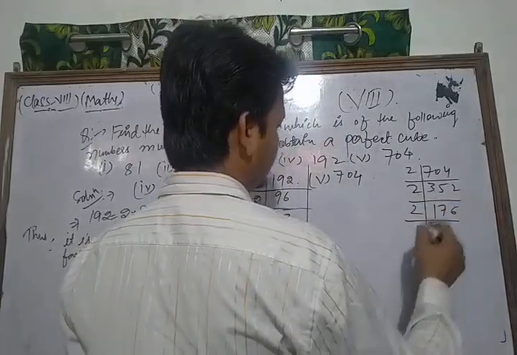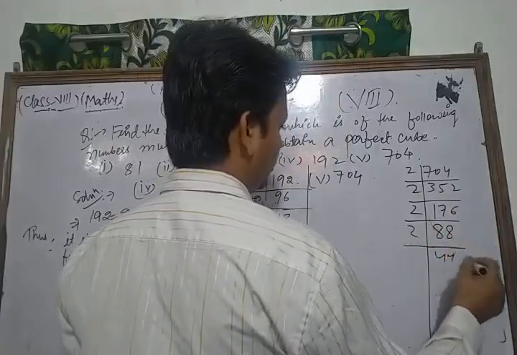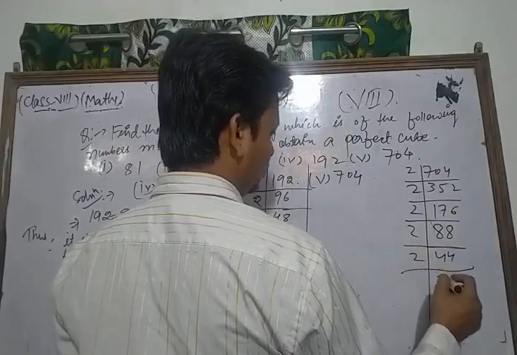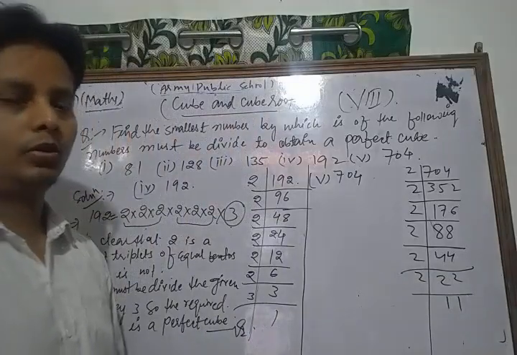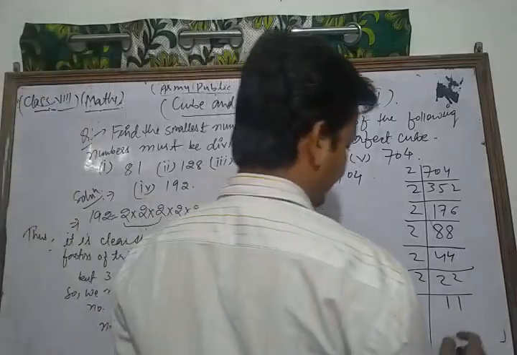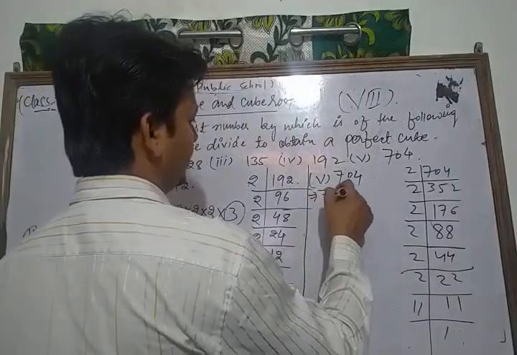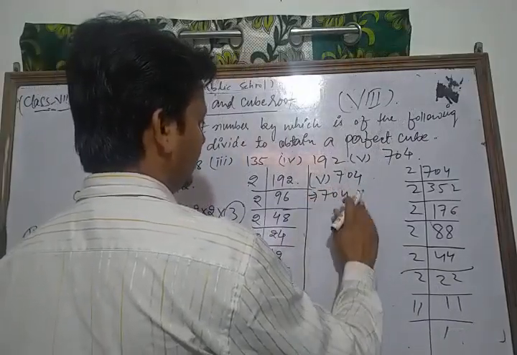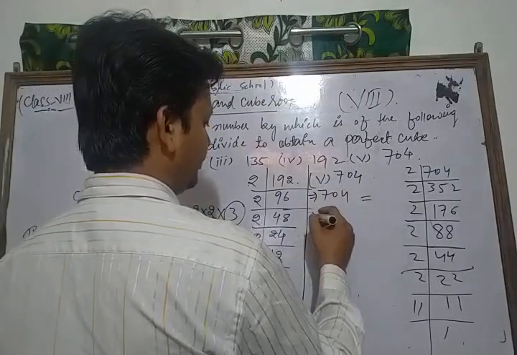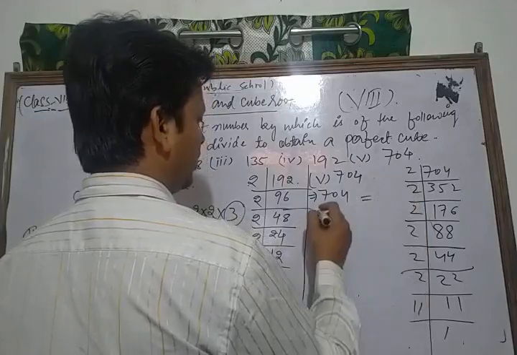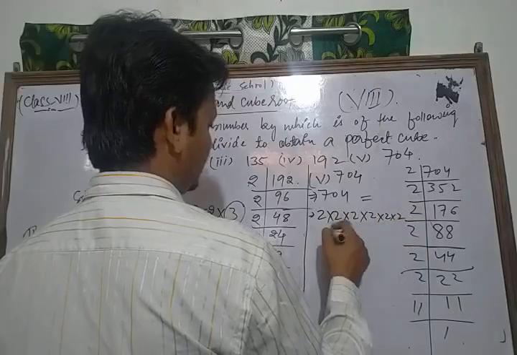Again by 2, 2 eights are 16, now again by 2, 44, now again by 2, 22, now again by 2, this is 11. Okay, now by 11, this is 1. Thus in this way we can find the prime factorization of 704 as 2 to the power 6 into 11.